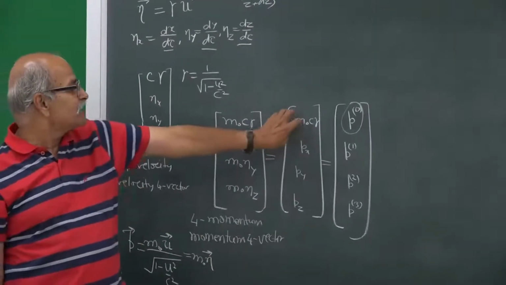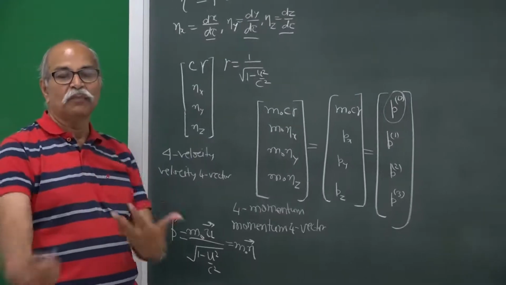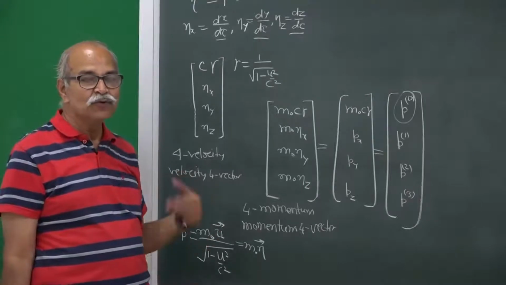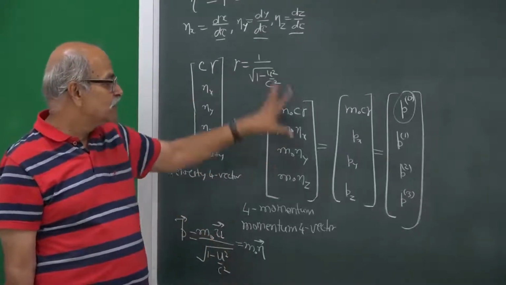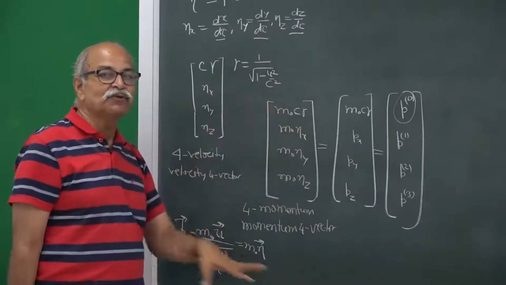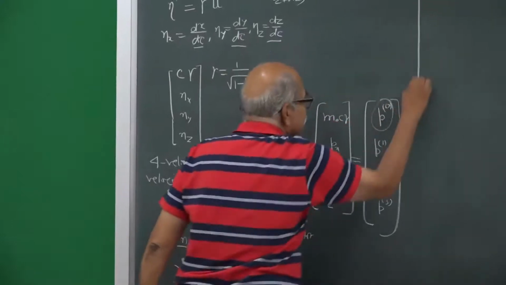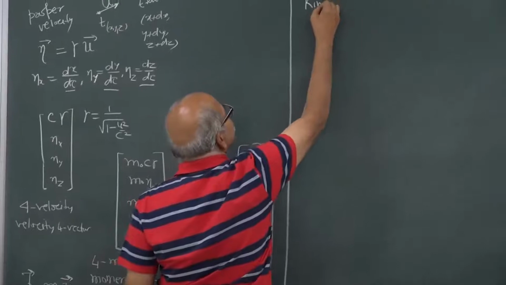Now, to understand this quantity, we will start a new topic, and that is kinetic energy. How do we get an expression for kinetic energy if the speeds are not limited to small speeds compared to c? So, let us talk of kinetic energy.